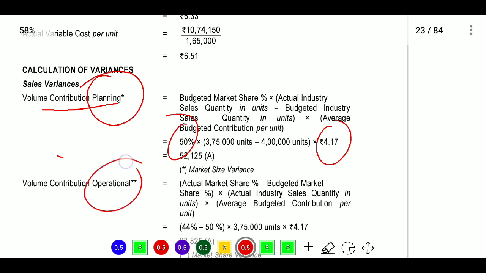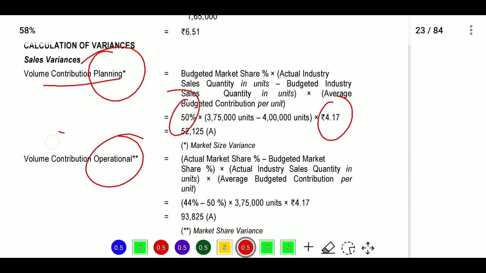When you go for operational, we have done it for actual also, that is 1,50,000 something, there we got the 44 percent. We will see the difference of 44 percent and 50 percent. So actual market share minus budgeted market share, and we will take the 3,75,000 units into 4.7. Here also 4.7.